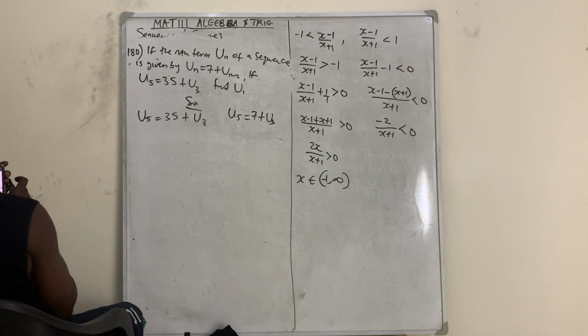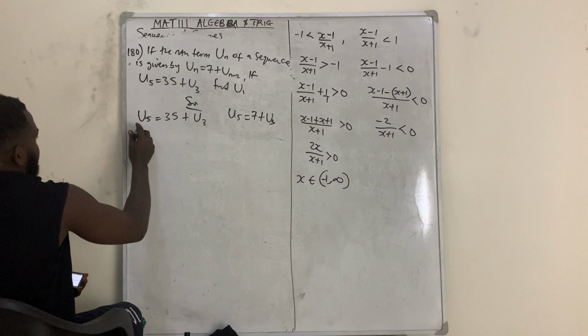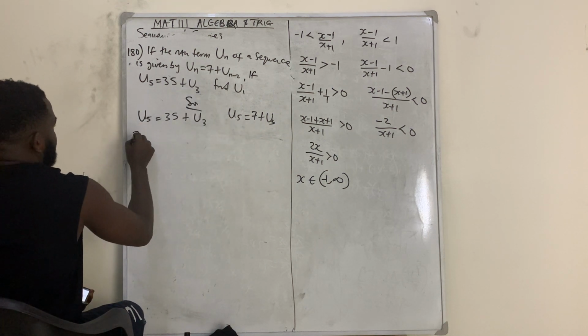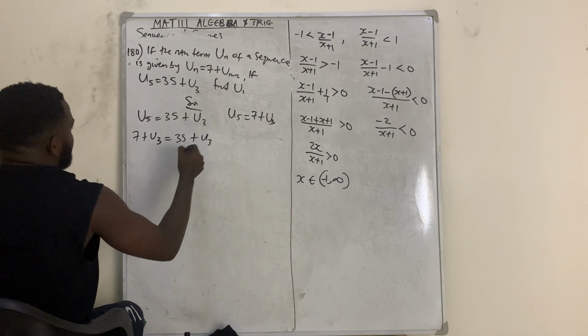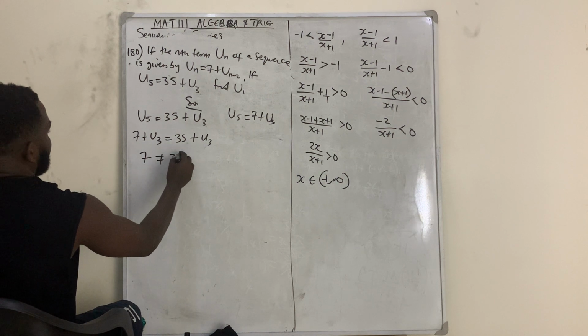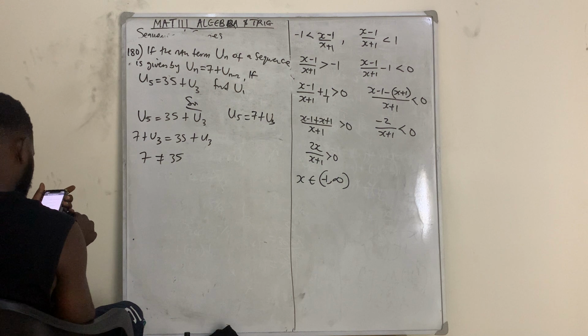The formula for u5 will give you 7 plus u3 is equal to 35 plus u3. You see that this and this cancel out, and 7 can never be equal to 35. So there is an error in that question.